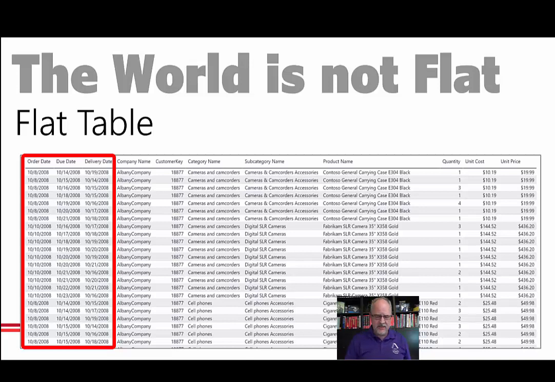Well, what else is part of an order? Well, maybe a customer. So a customer could have a company name, or maybe it's an individual person, so that person could have a name. In this example, we have the company name, and then we have a key that's actually used to look up a record in a source system, perhaps. Or maybe that's a generated key, a surrogate key that has been created in our data warehouse or a data mart.